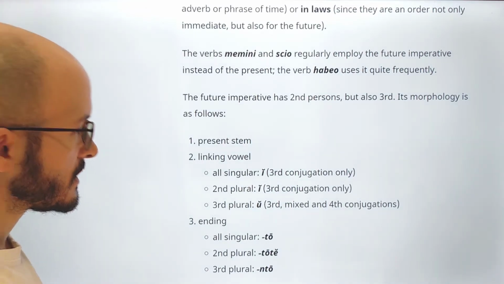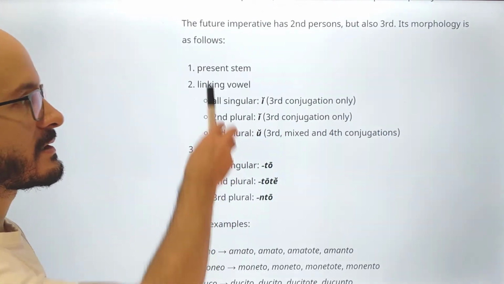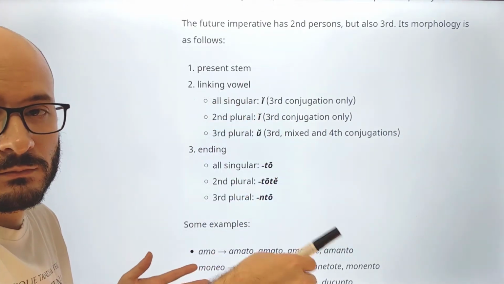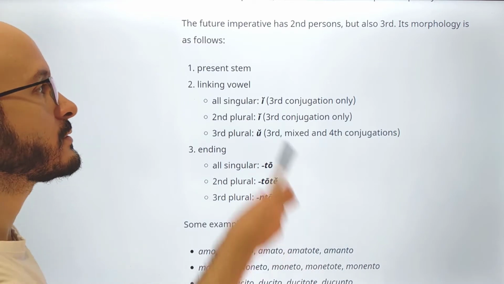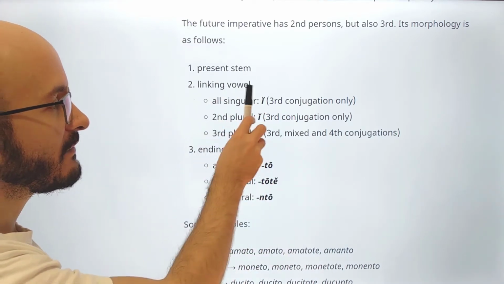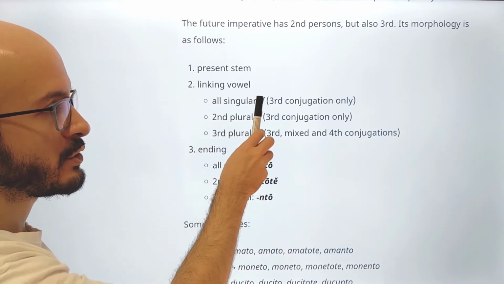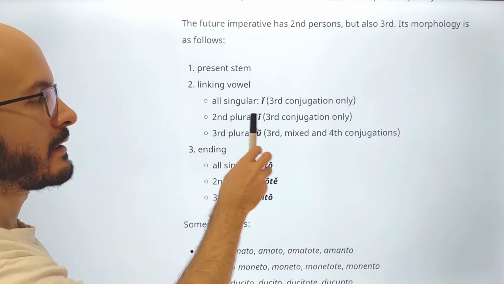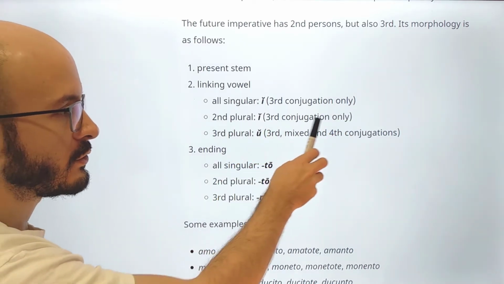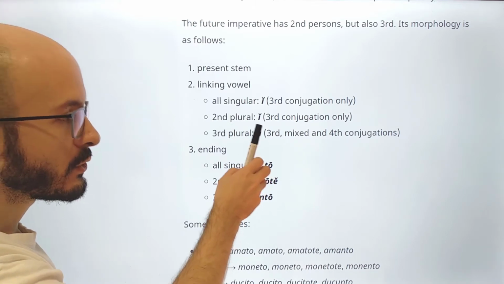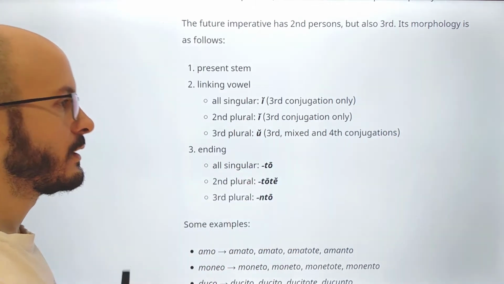Its morphology is as follows. It has the present stem, as we know. Then the linking vowel: singular, short e, third conjugation only; second plural, also short e, third conjugation only; and third person plural, short u, third, mixed, and fourth conjugations.